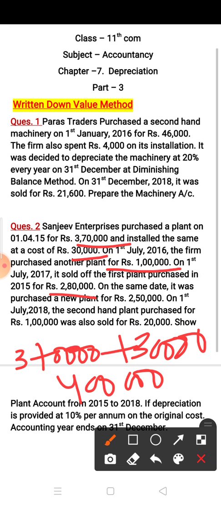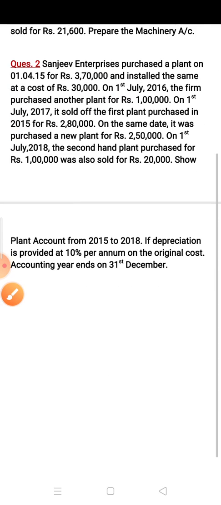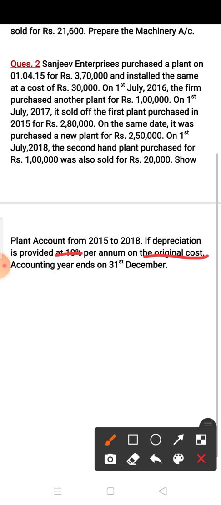On the same date, it purchased a new plant for rupees 2,50,000, and on 1st July 2018 the second hand plant purchased for rupees 1 lakh was sold for rupees 20,000. So you have to show the plant account from 2015 to 18 if depreciation is provided at 10% on original cost and the accounting year ends on 31st December.